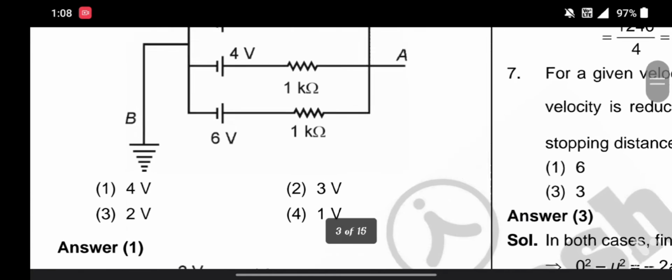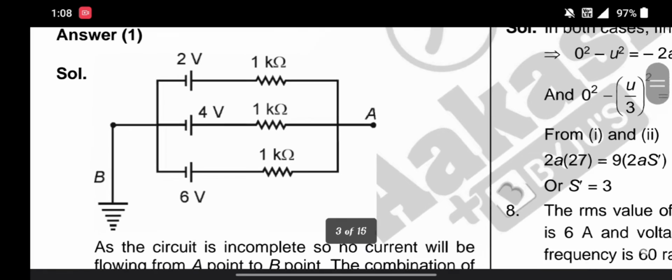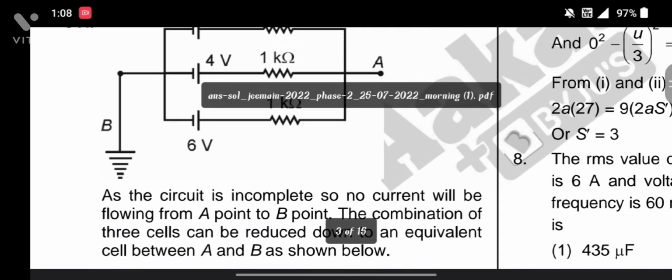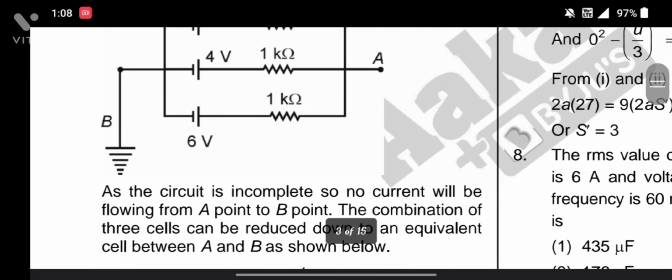So in question number 5, the circuit they have given is like this, as I am showing now. As the circuit is incomplete, by seeing this circuit we can say no current will be flowing from point A to point B, because the batteries are not connected correctly.